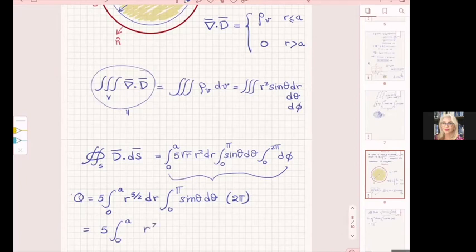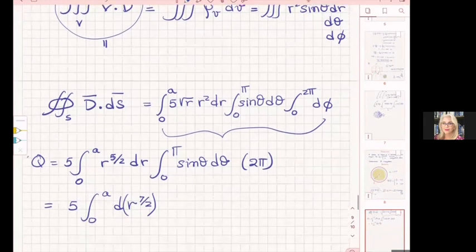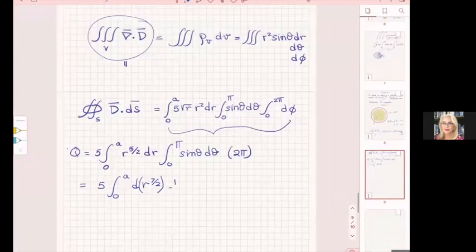So 7 over 2, and then we have 1 over 7 over 2. All right.